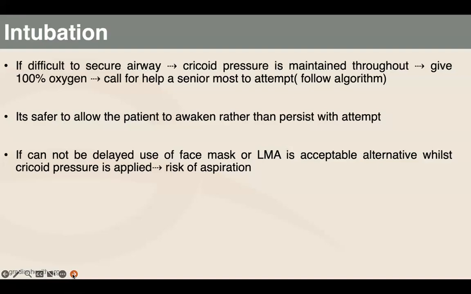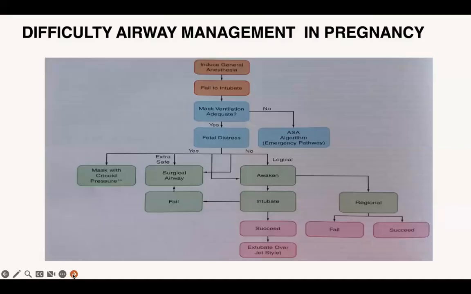Okay, next slide. So this is one difficult airway management algorithm in pregnancy. Following induction, if there's a failure to intubate, the next thing is to try to mask ventilate. If it's adequate, and there's no fetal distress, then you awaken the patient and re-strategize.